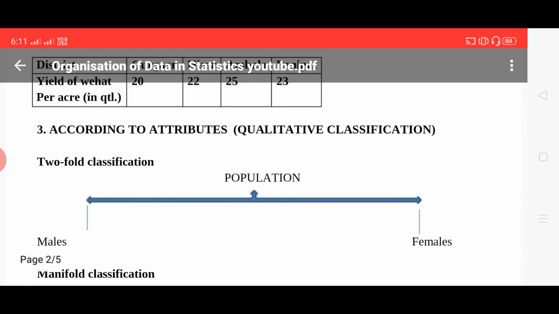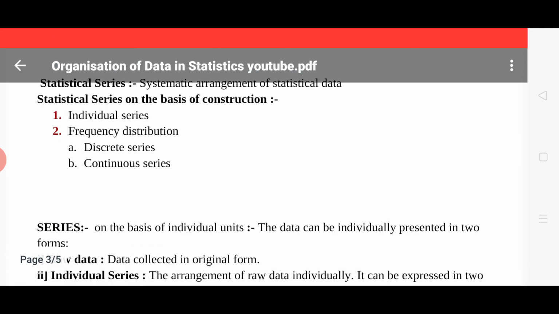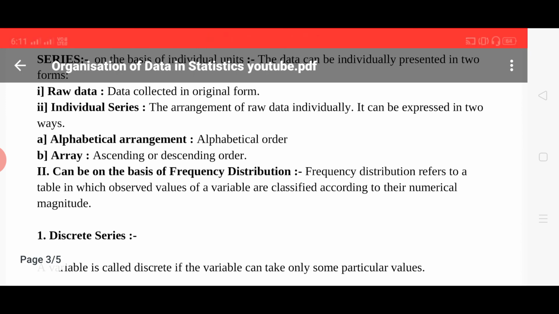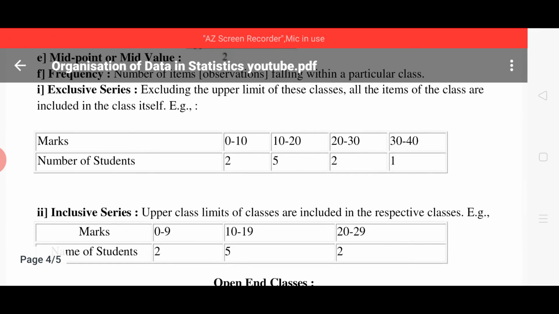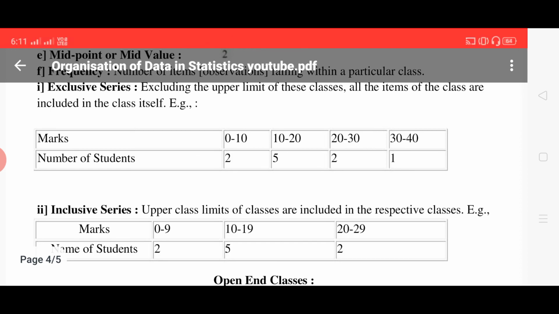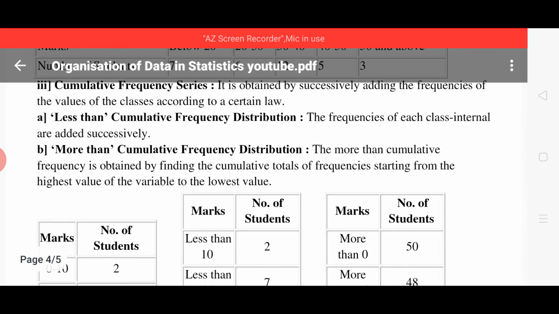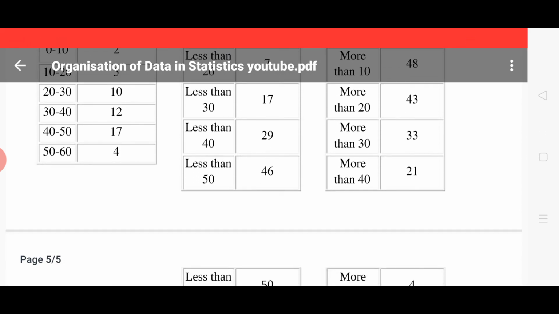Then we did the examples. Then we did 3 series on the basis of construction: individual series, discrete series and continuous. Then we did some basic terms. Then we took an example of inclusive series, exclusive series, cumulative frequency series, then less than, more than, and all of these we did in this video.